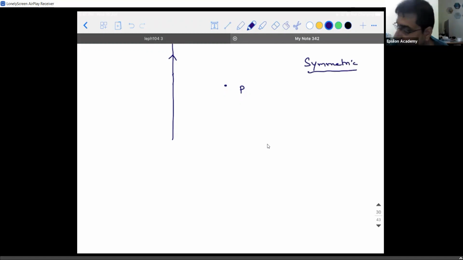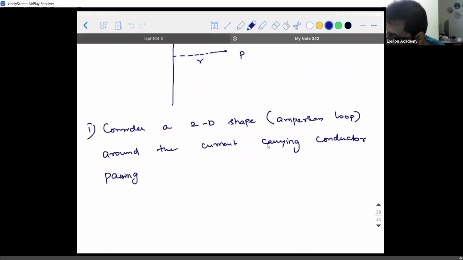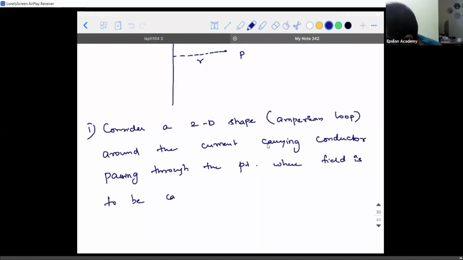If it is symmetric in nature, then what we do is, first we will consider a two-dimensional shape which is called an Amperian loop around the current carrying conductor, which is also going to pass through the point where the field is to be calculated.